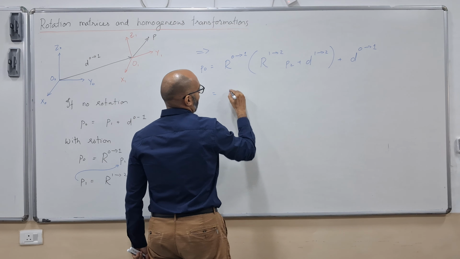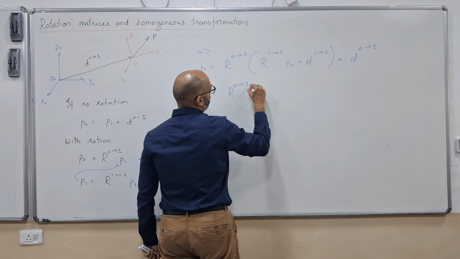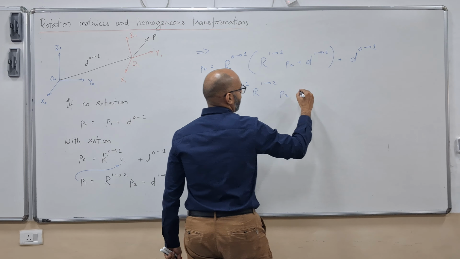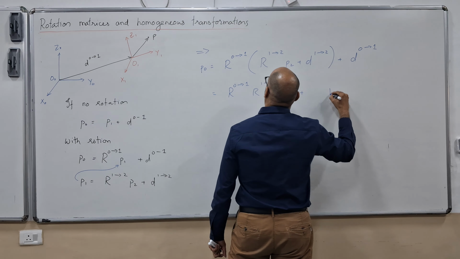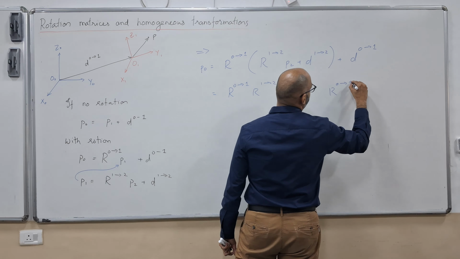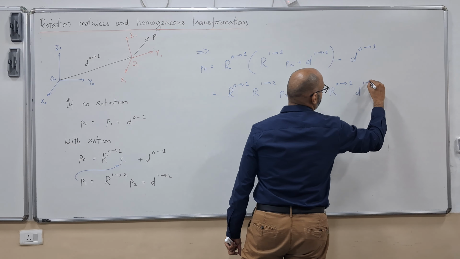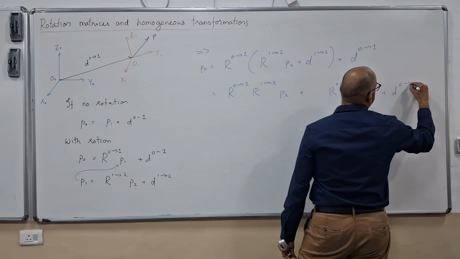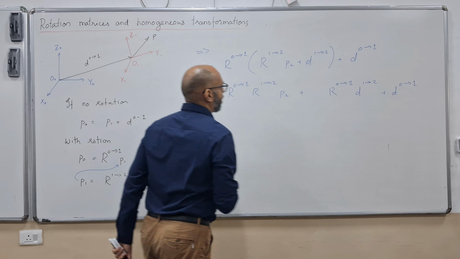So I would get R0 to 1 multiplied by R1 to 2 P2 plus R0 to 1 D1 to 2 plus D0 to 1.